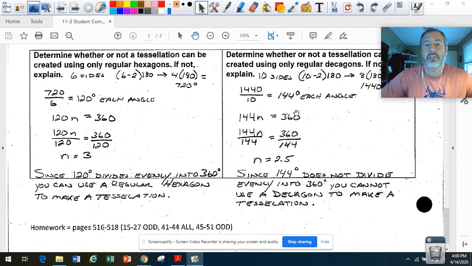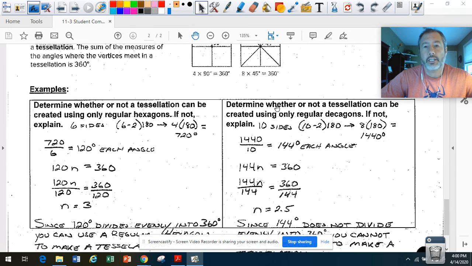Okay, let's look at this next one over here. Determine whether or not a tessellation can be created using a regular decagon. If not, explain. We know that a decagon has 10 sides, so we'll use our formula, n minus 2 times 180. 10 minus 2 is 8. 8 times 180 is 1,440 degrees.